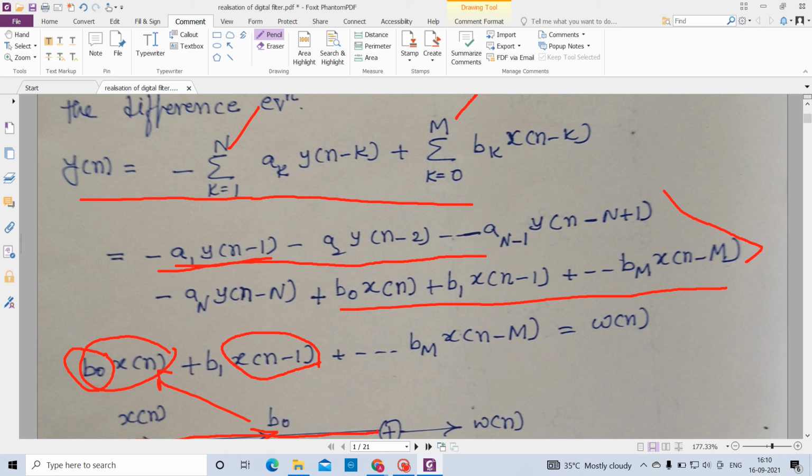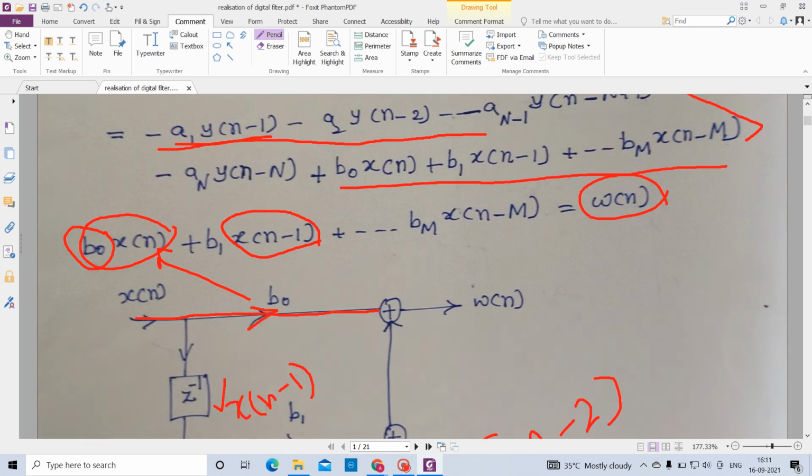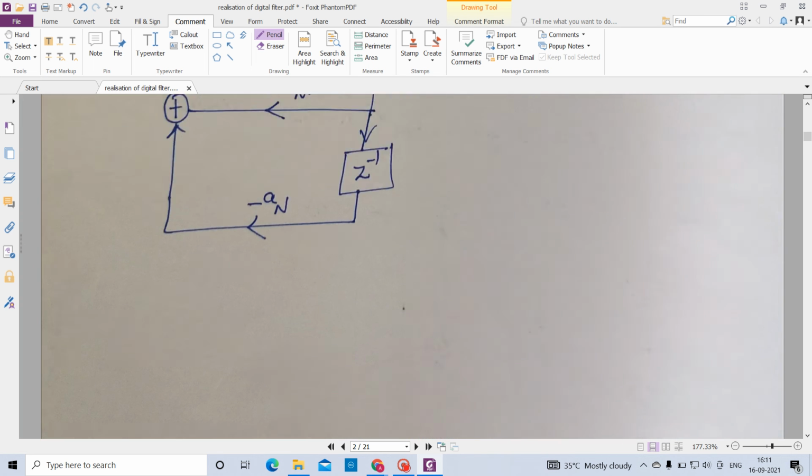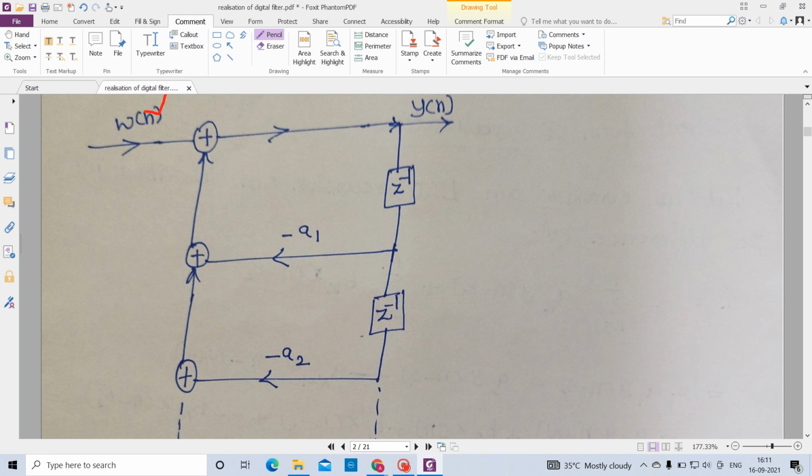These terms are added with omega n, right? That's why I wrote omega n plus minus a1 into y of n minus 1. So omega n is added with y of n minus 1 multiplied with the a1 coefficient.